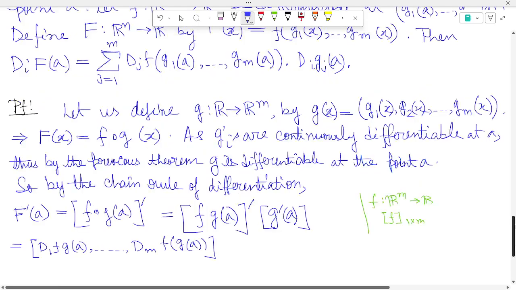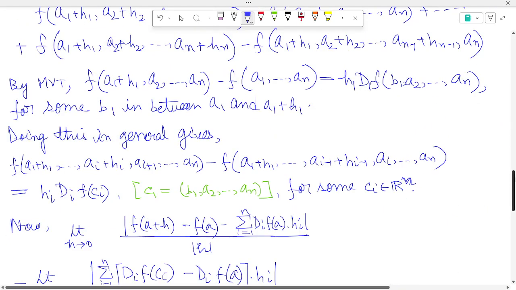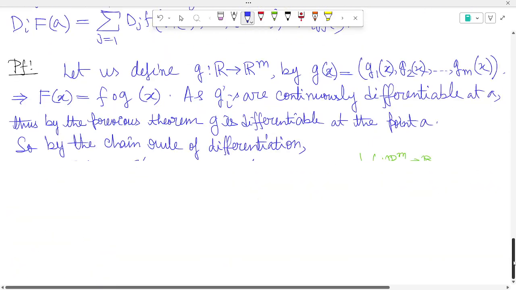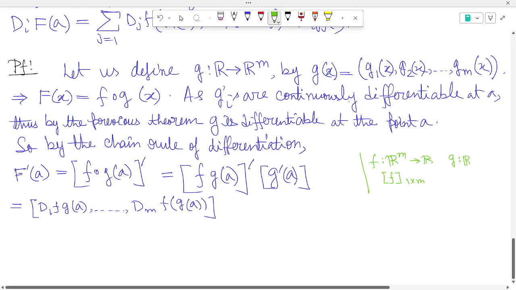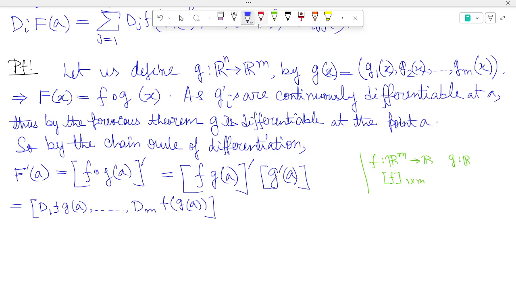Because by this theorem we know, and also g is a map from Rn to Rm.